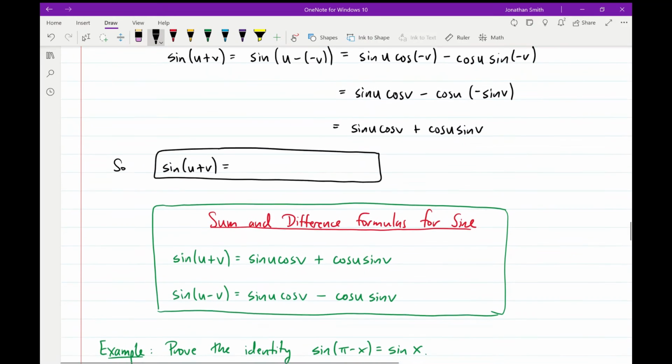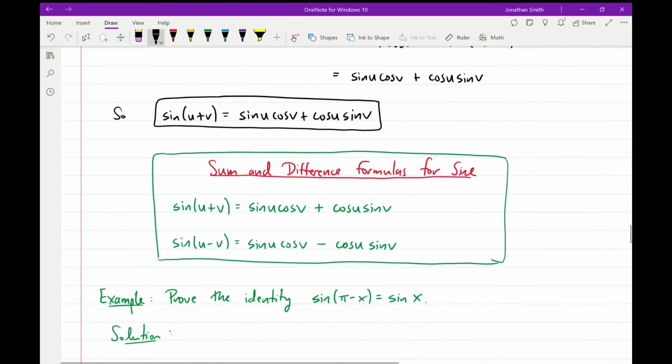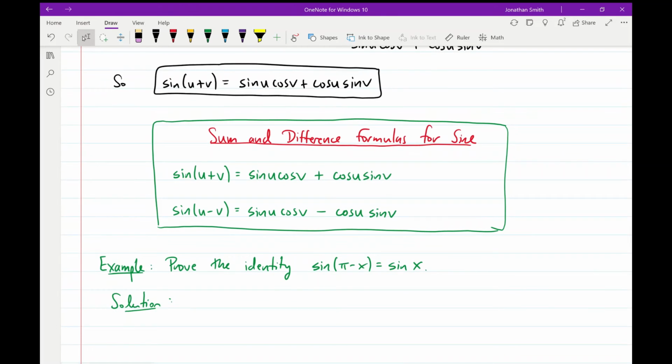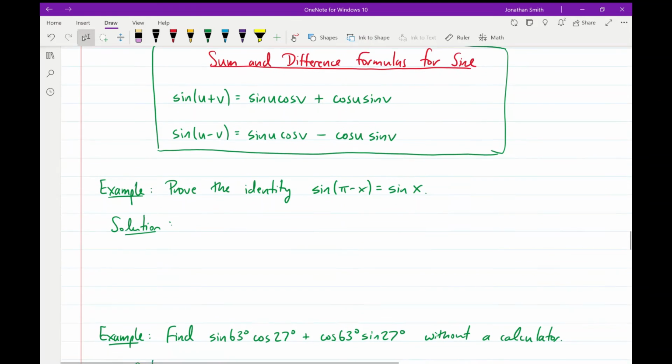So this gives us our identity for sine of the sum of two angles. We get sine of u plus v is always equal to sine u times cosine v plus cosine u times sine v. All right, and so I took both of these formulas that we now have derived and I just put them inside of this box so that you can refer to it pretty easily. So these are our sum and difference formulas for the sine function now.